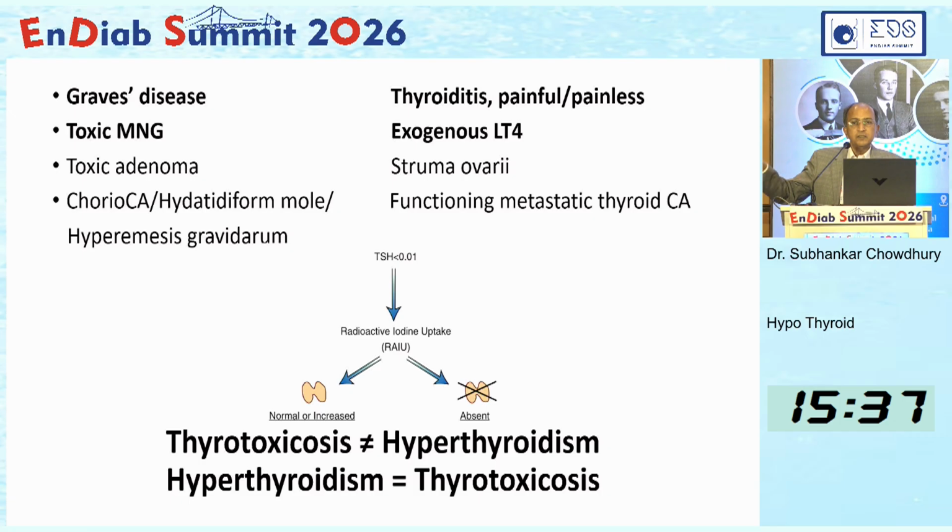On the other hand, if it's a thyroiditis, the uptake is low or absent. So all cases of thyrotoxicosis do not have hyperthyroidism, but of course all cases of hyperthyroidism are also thyrotoxic.